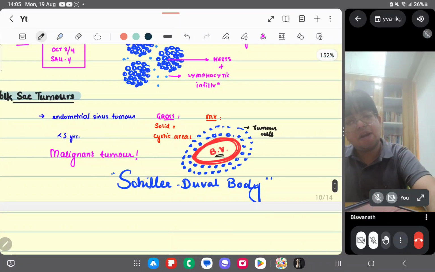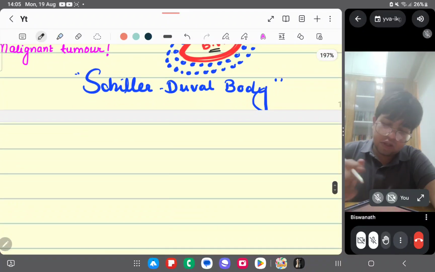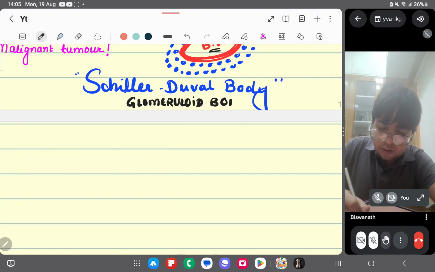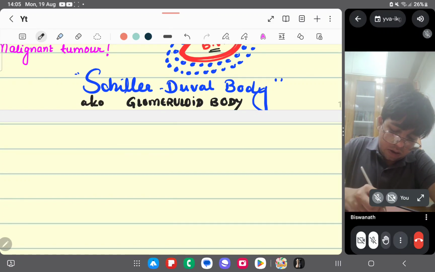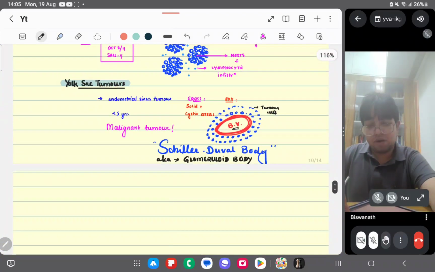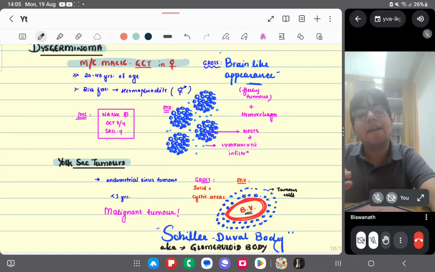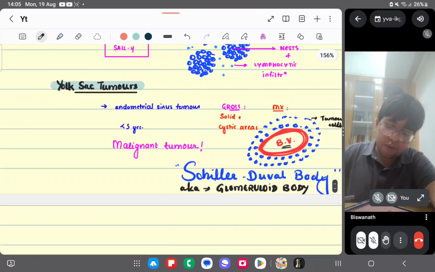So that was about this. This Schiller Duval body is also called the glomeruloid body, or glomerular body. Understood? And here, if we talk about the immunohistochemistry, it is an embryonic tumor, yolk sac tumor.